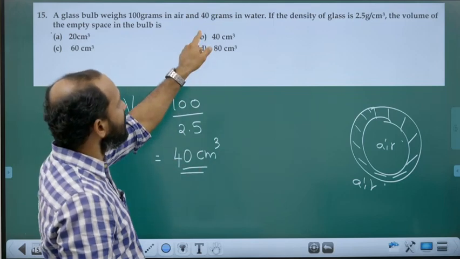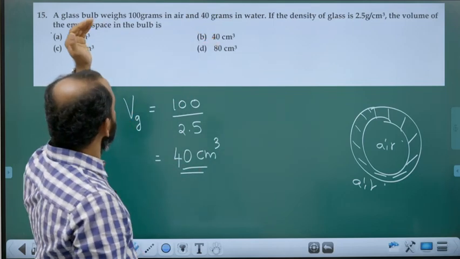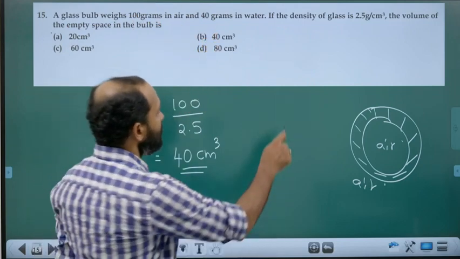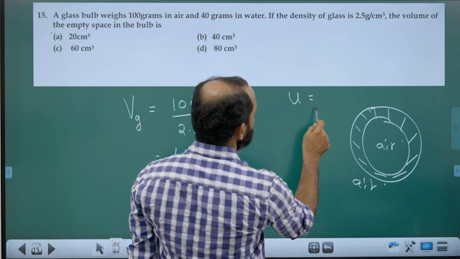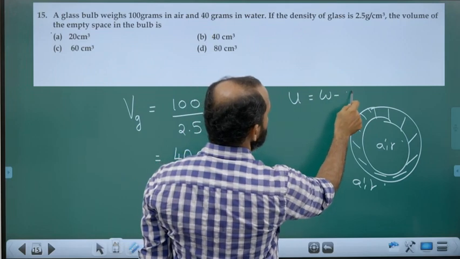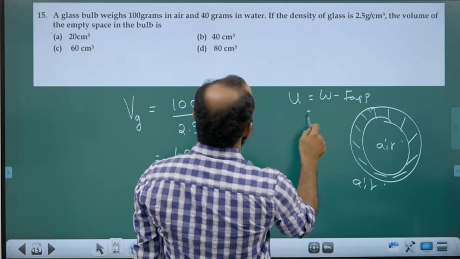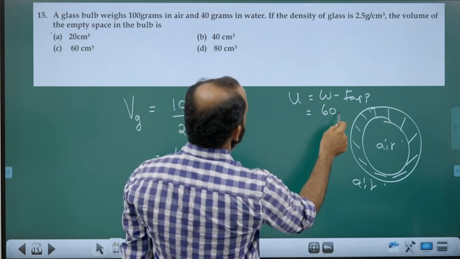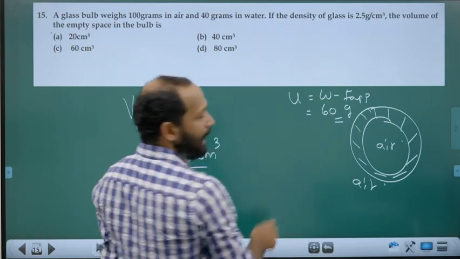That is, the apparent weight is 40. So we can find the upthrust. Upthrust is equal to weight minus apparent weight. 100 minus 40 is 60. So 60 gram is the upthrust.